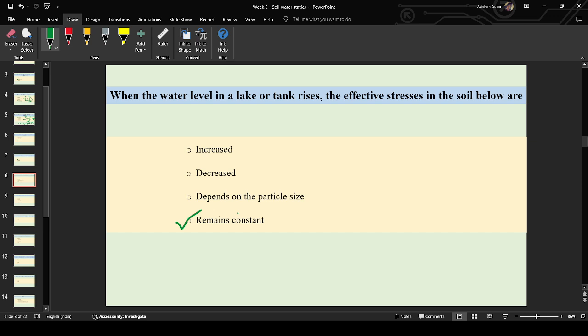It will not change irrespective of the increase or decrease in the level of water above. Had I mentioned total stress, then it would have increased, right? But effective stress will remain constant. Okay, good. Next question.